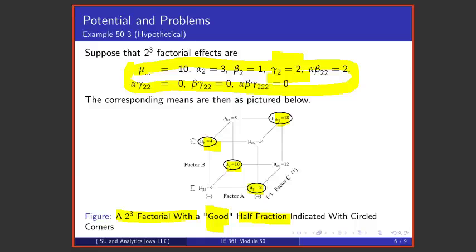What that means is that if any one of those factors actually does absolutely nothing, then the 4 combinations that we've investigated, or that we have data for, or we actually know the means for, constitute a full factorial in the other 2 factors, and thereby would give us everything that we could possibly know.